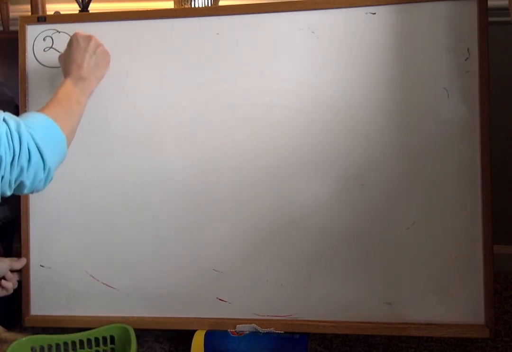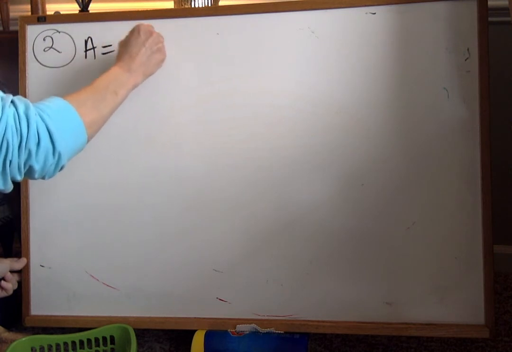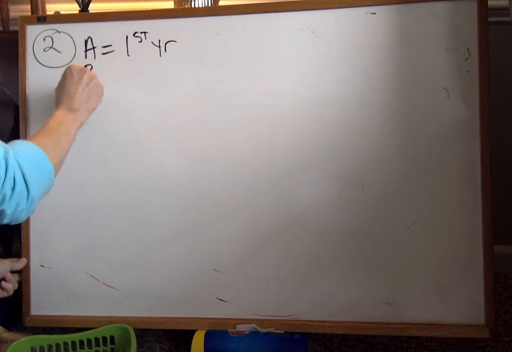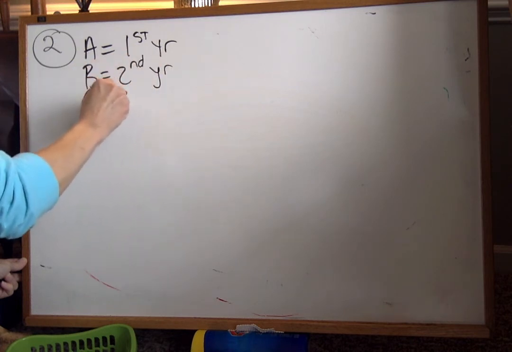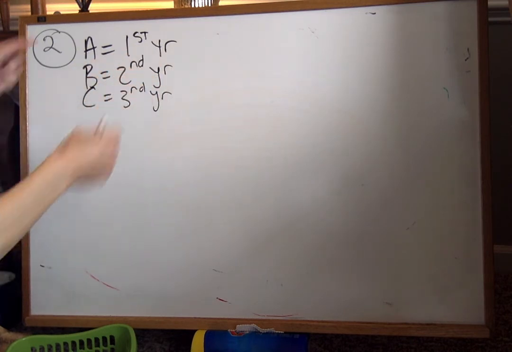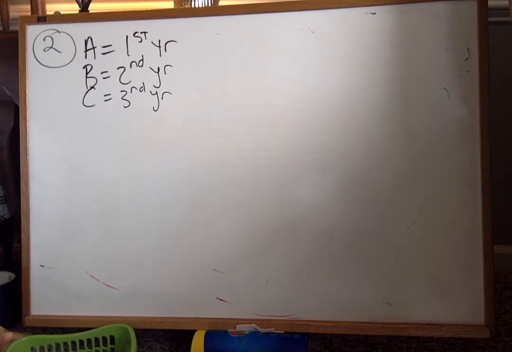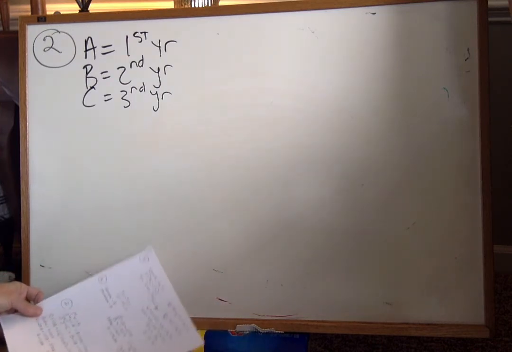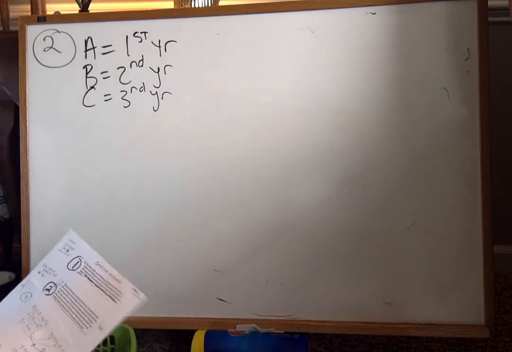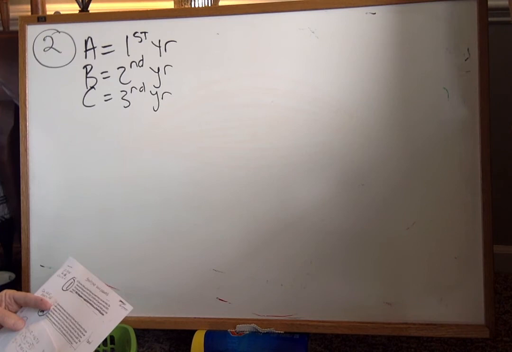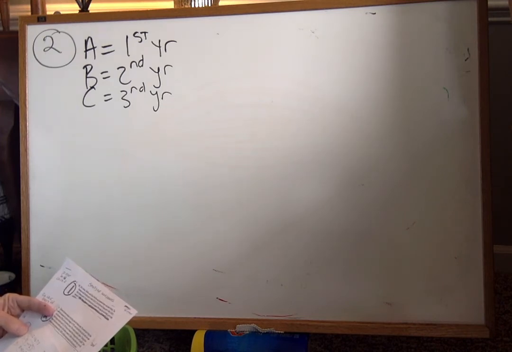So I went ahead and called the first year A, the second year B, and the third year C. You could have called it X, Y, and Z. They're just placeholders. Does not matter what variables you use. All right, but this might make it a little bit easier to read through. The second year of the plan saw an increase of 25% over the first year.